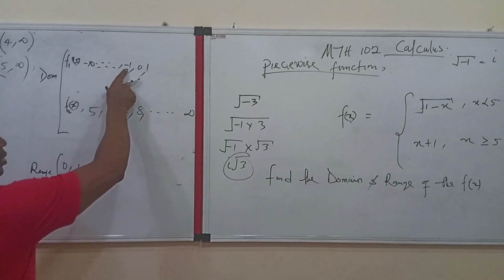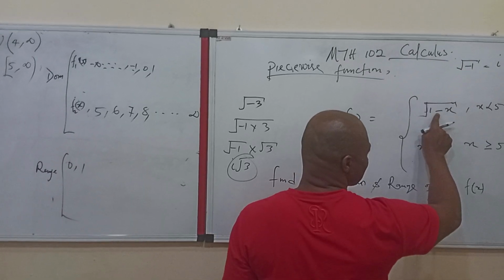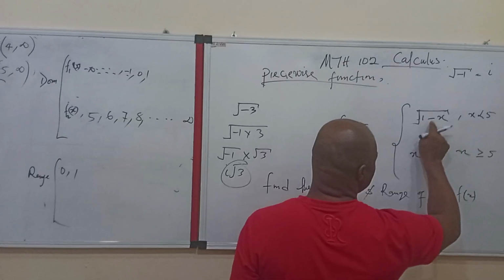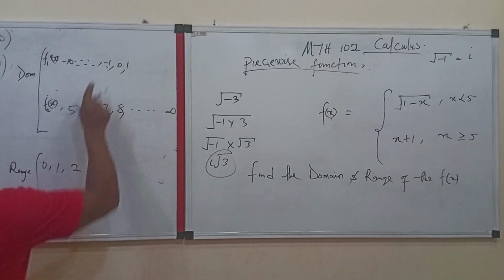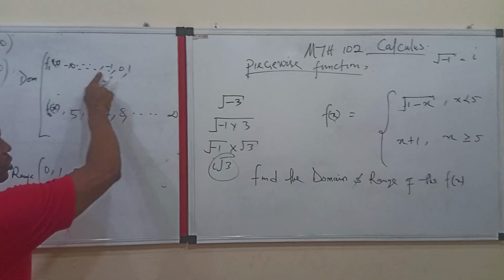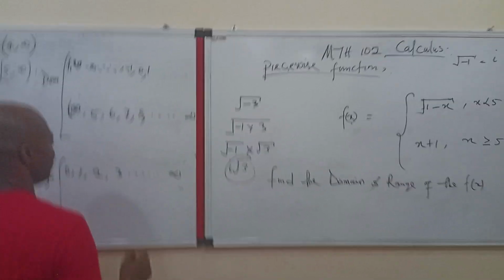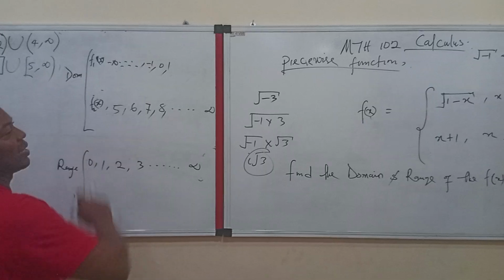If minus 1 come here, we will get minus times minus 1, it will be positive 1. And 1 plus that 1 will give us 2. If you come minus 2, it will give us 3. Now, so it will go till positive infinity. Now, make we come this side.